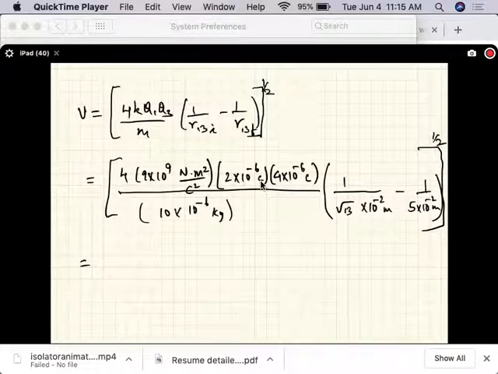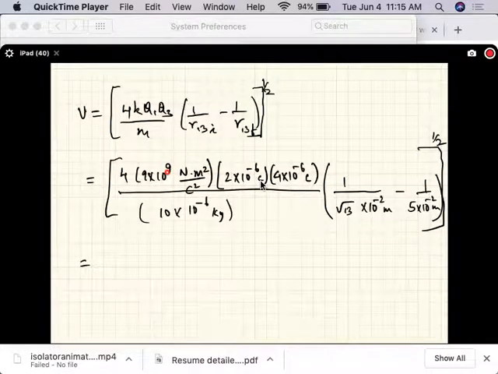So this is velocity. Let's take care of powers of 10. This 1/6 kills that. You're left with plus 3 here. You get a plus 2 to the top, so plus 5.